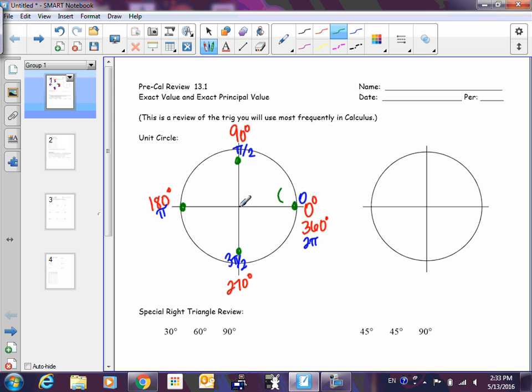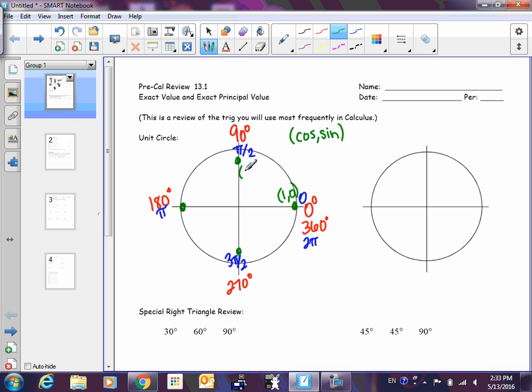Like if you think this is the origin, you're going to the right 1 and then up 0. And the reason this worked out is because the first number was cosine and the second number was sine. And if you wanted to do cosecant or secant, you could modify this, or if you wanted to do tangent, you would do the second number divided by the first number.